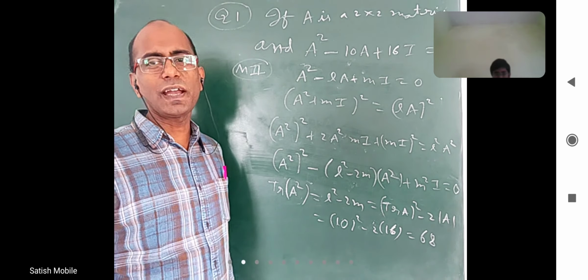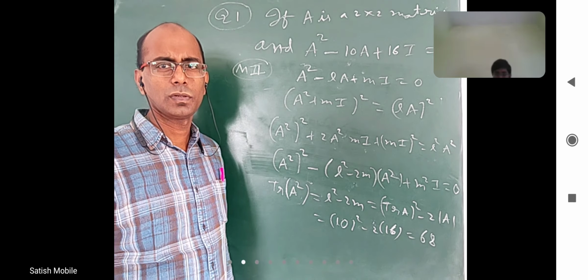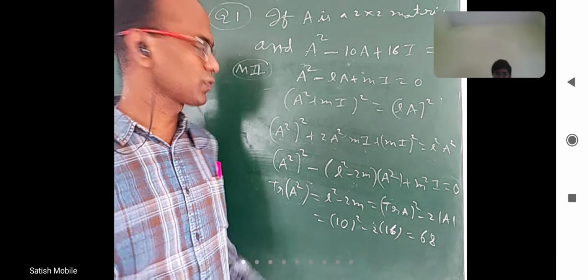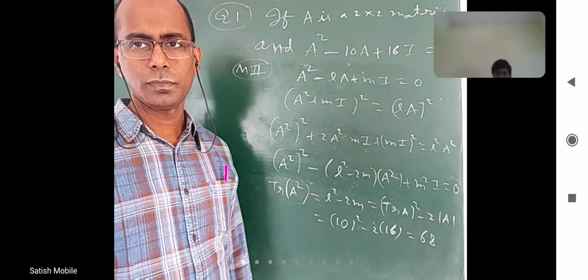Yeah, we wanted to find the characteristic equation of A square basically. Yes, we have to get a quadratic equation in terms of A cube, meaning we need a power 6 here and A cube here.